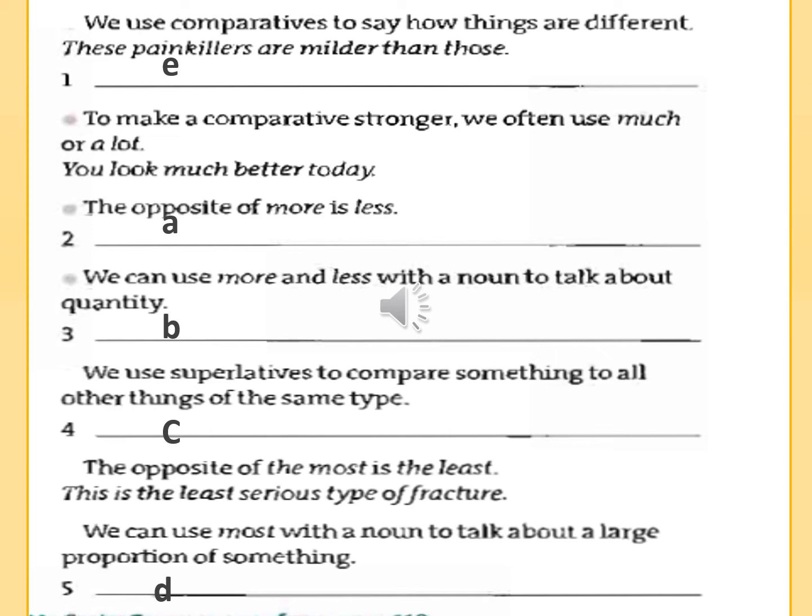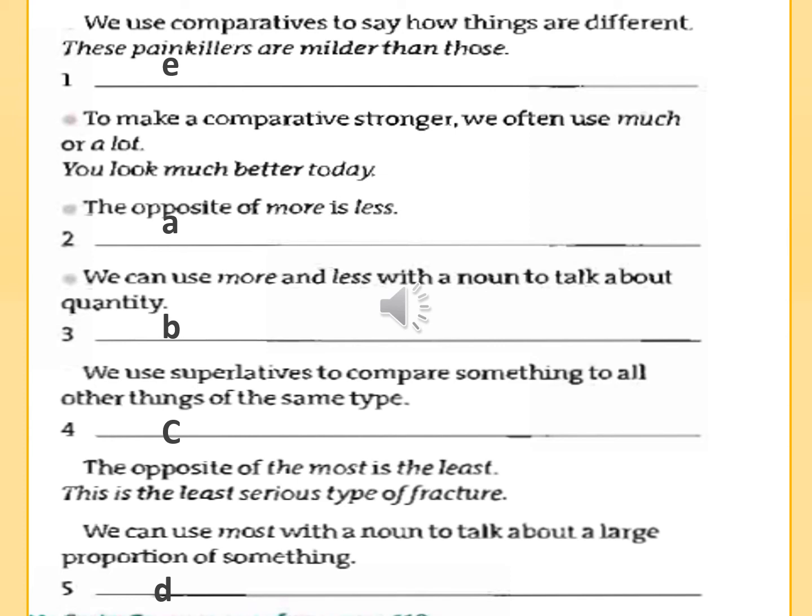The third rule is we can use more and less with a noun to talk about quantity. So the correct answer here is B. They have more beds. Look, beds is a noun. They have more beds in the city hospital.